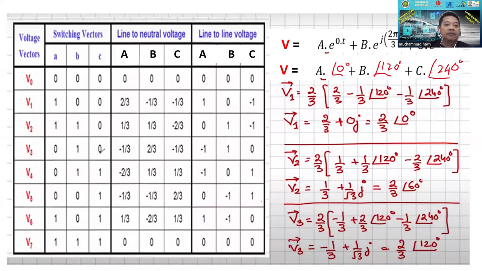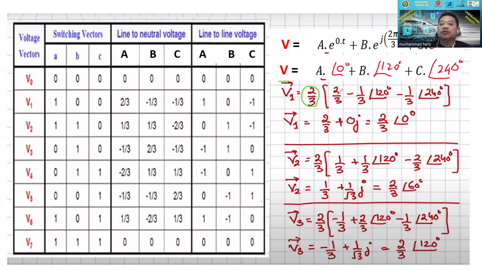For V1, that is E. No, sorry, that is a constant number. Why? That is a constant number that comes from the current converted to the voltage. That is multiplied by 2/3.